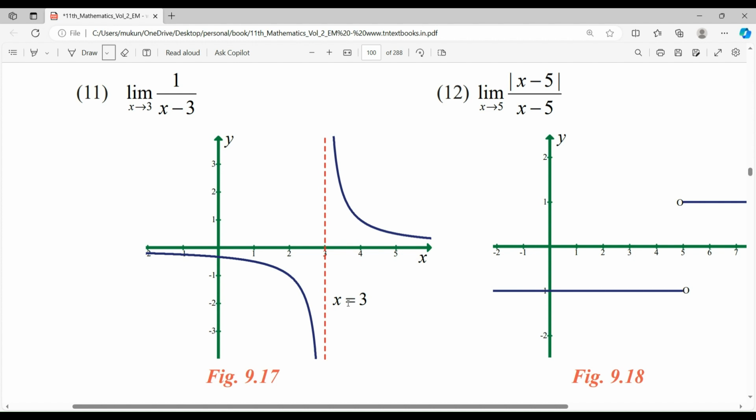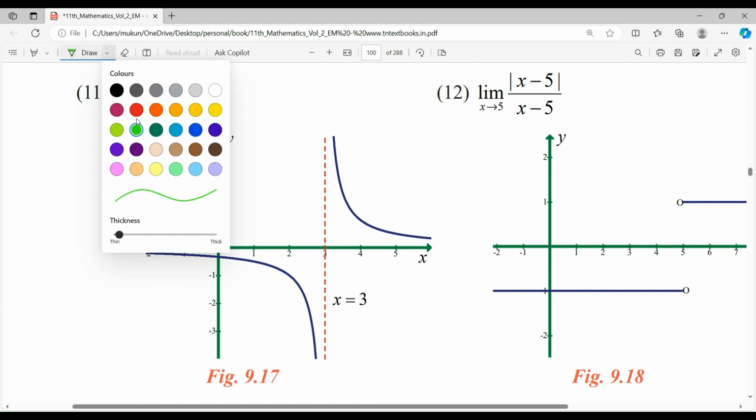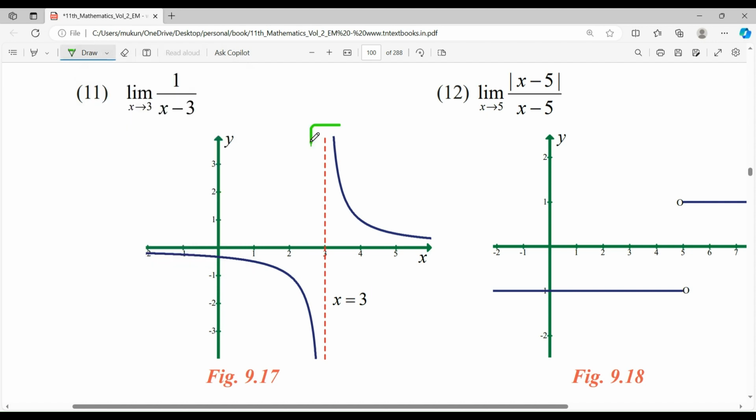And at x equals 3 plus h, which is a value slightly greater than 3, we will see that this function takes plus infinity, right?